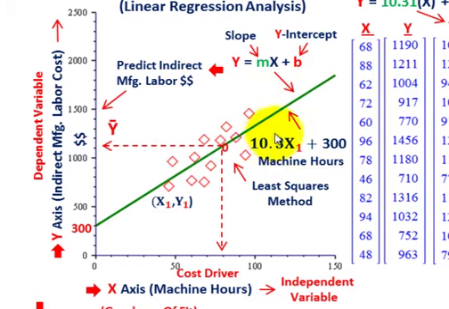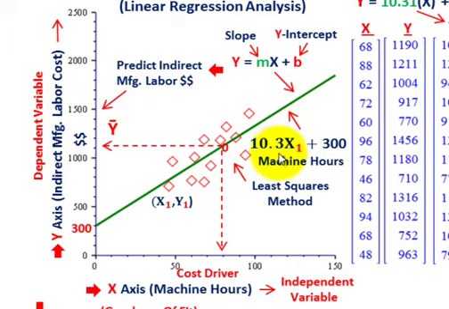And just to understand what this line is, if I calculated it out with a statistical package, I used Excel, and it's got 10.3 here. That's really the slope of the line. That's how much it increases. What we're saying by the slope is that for every machine hour, it goes up $10.3 in indirect manufacturing labor costs.